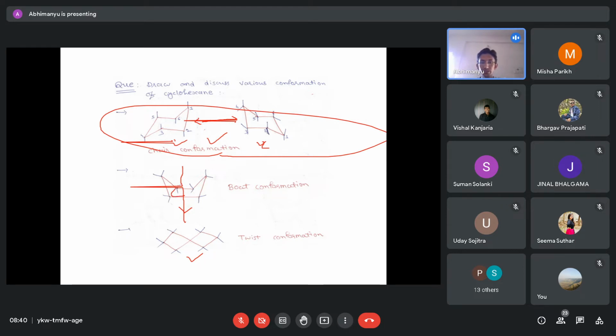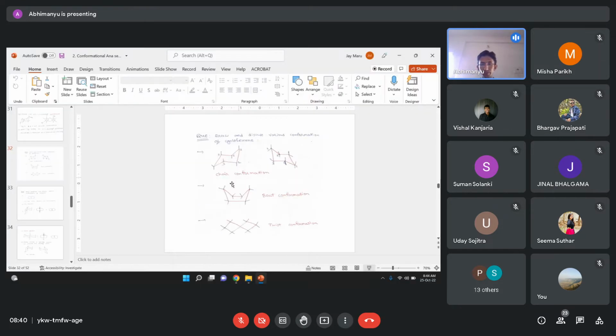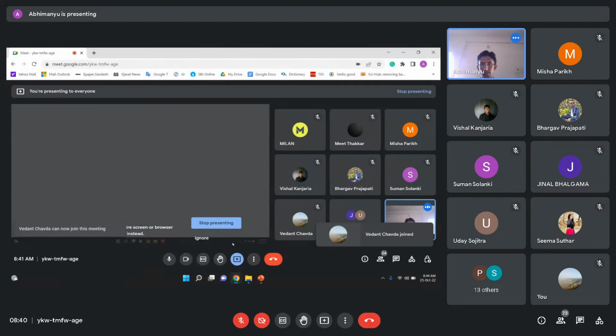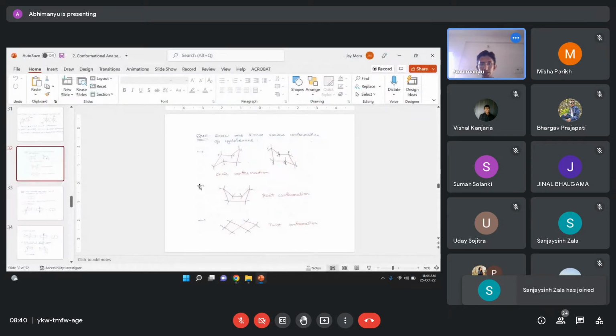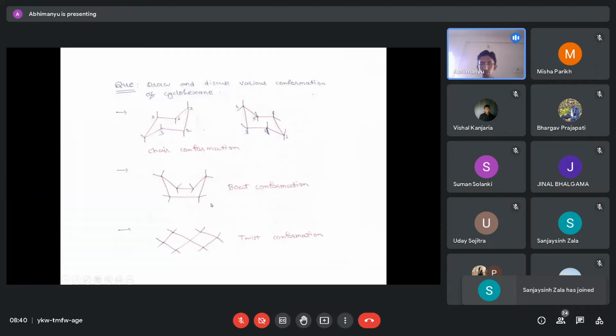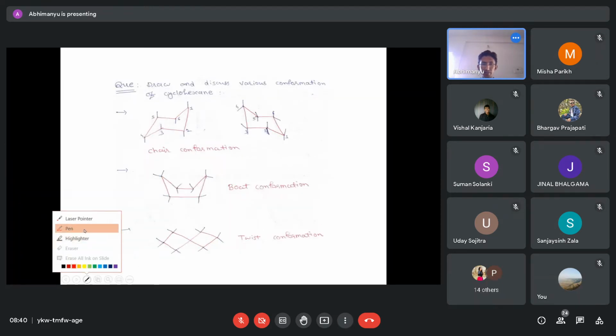But due to the pi bond, the 1,2 axial interaction is too high as compared to chair conformations. The axial interaction in the case of boat conformation is too high.